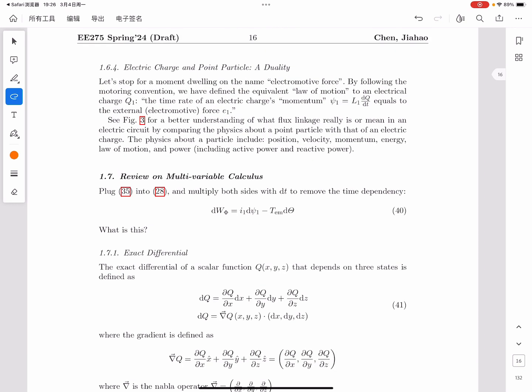Okay, finally, let's end this video by pointing out the analogy between the equations of physical quantities for electrical charge passing through some cross section and a point particle. We call this a duality. It's only because they share very similar laws of motion.